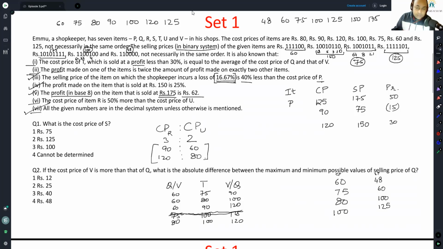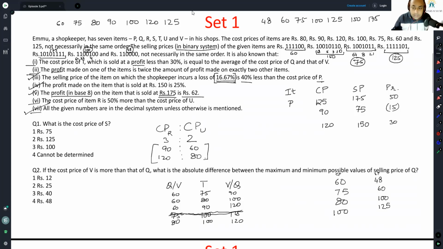If 60 is paired up with 60, you get no profit, no loss. If 60 is paired up with 100, you get a profit of 40. So either 40 is double of 20, or this 40 is half of 80.